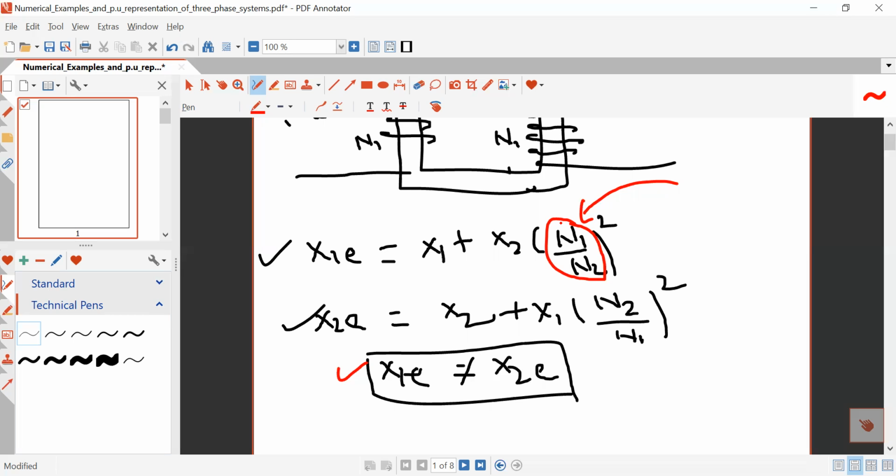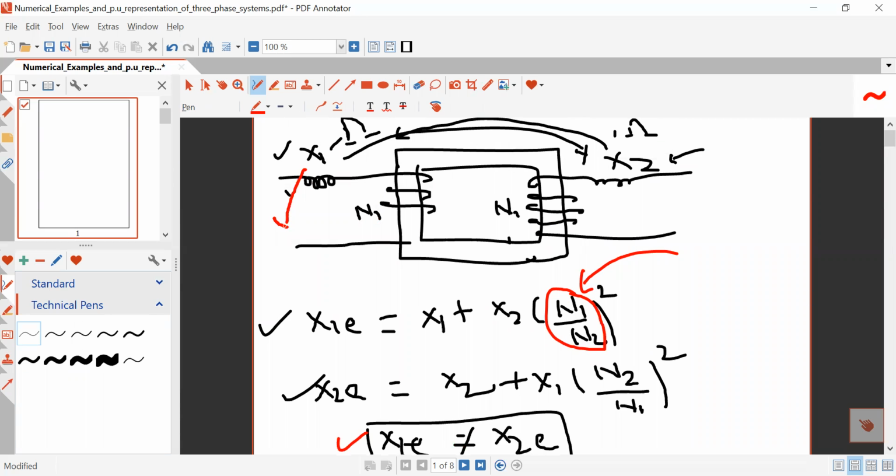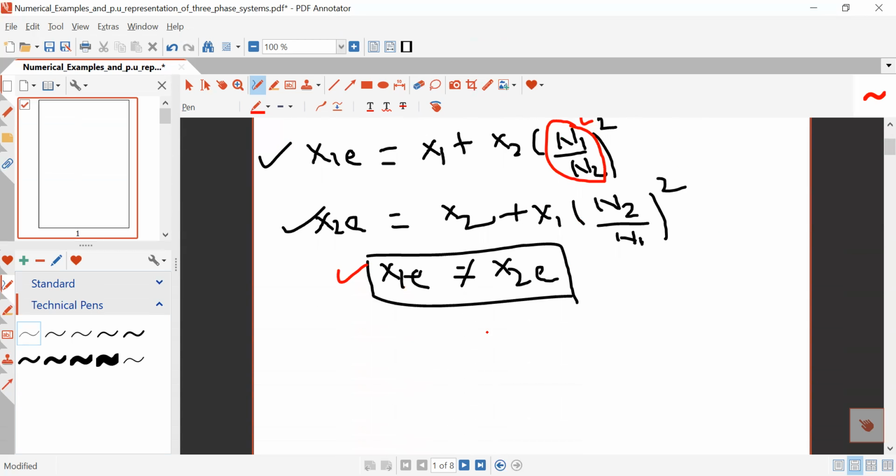But in the previous lecture I showed you that when you represent X1 in per unit and X2 in per unit, then the total reactance of the transformer referred to the primary in per unit will simply be equal to the sum of the primary reactance in per unit and the secondary reactance in per unit.